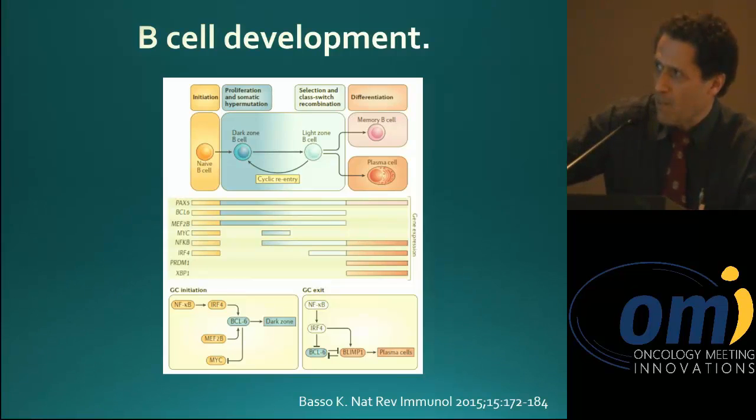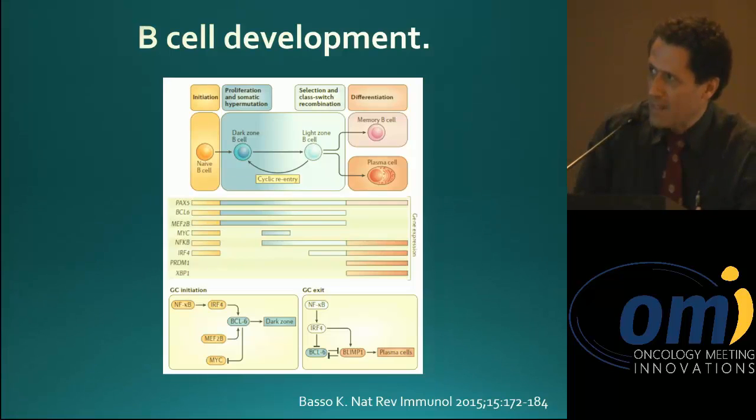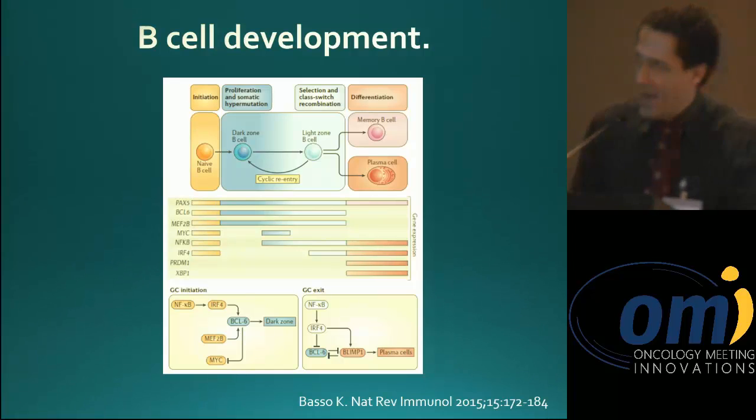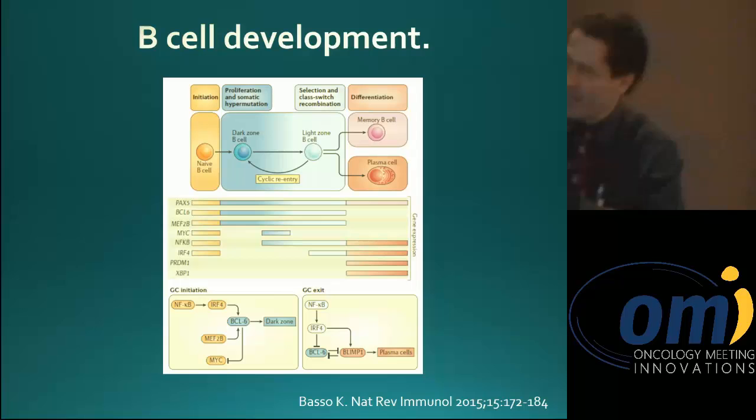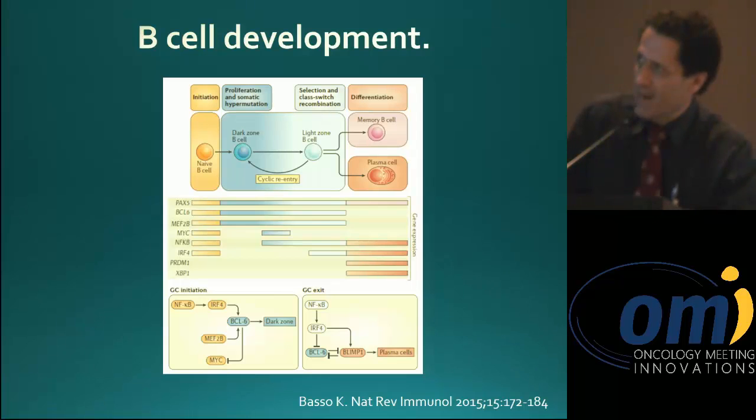For example, these three genes, PAX5, BCL6, and another one regulate the transit between the dark zone and the light zone. And other genes, for example NF-kappa B and IRF4, regulate especially the B cells in the light zone.